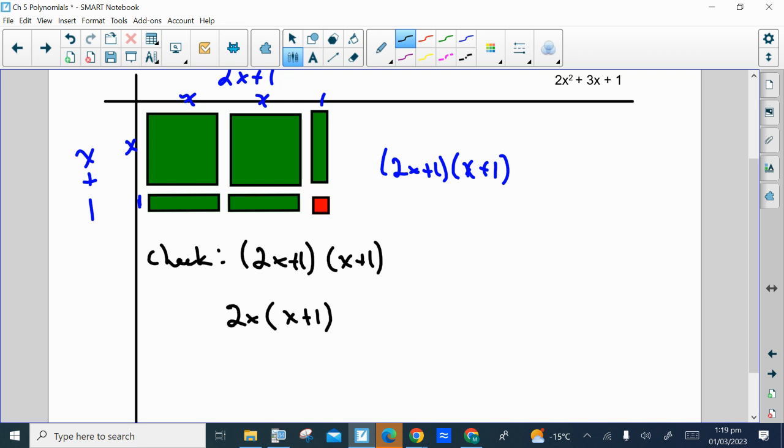Can you help her, Jan? Plus 1 times x plus 1. So we're multiplying both terms in the first bracket by the second bracket, right? That's what we did for distributive property. So this will give us 2x squared plus 1x plus another 1x plus a 1. 1x plus another x gives us 2 x's.